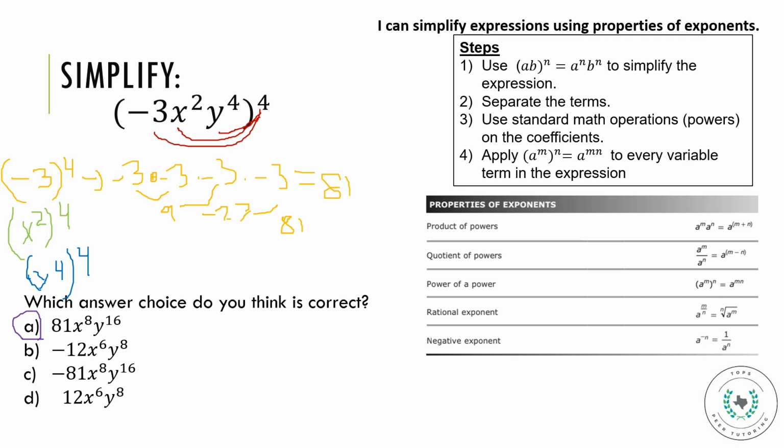Now, we're going to work on our other values, going on to the variables. So, as we know in this case, we're going to multiply the exponents. So we're going to have x to the power of 2 times 4, and that is going to give us x to the power of 8.